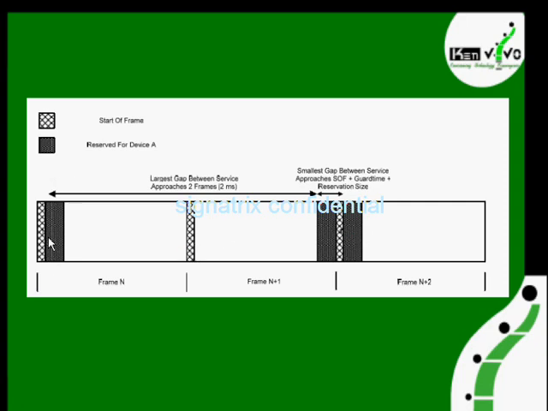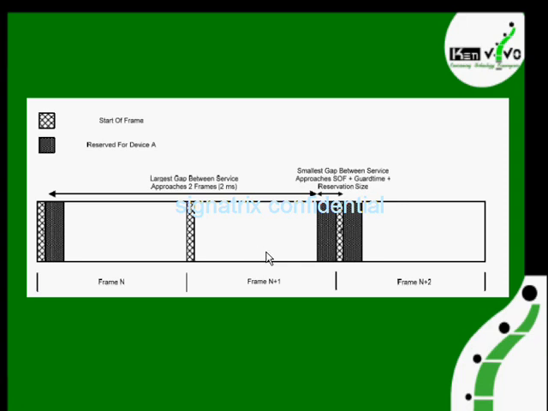In the first frame, frame number n, it allocated some bandwidth for device A. In the second frame it has not allocated any reservation.